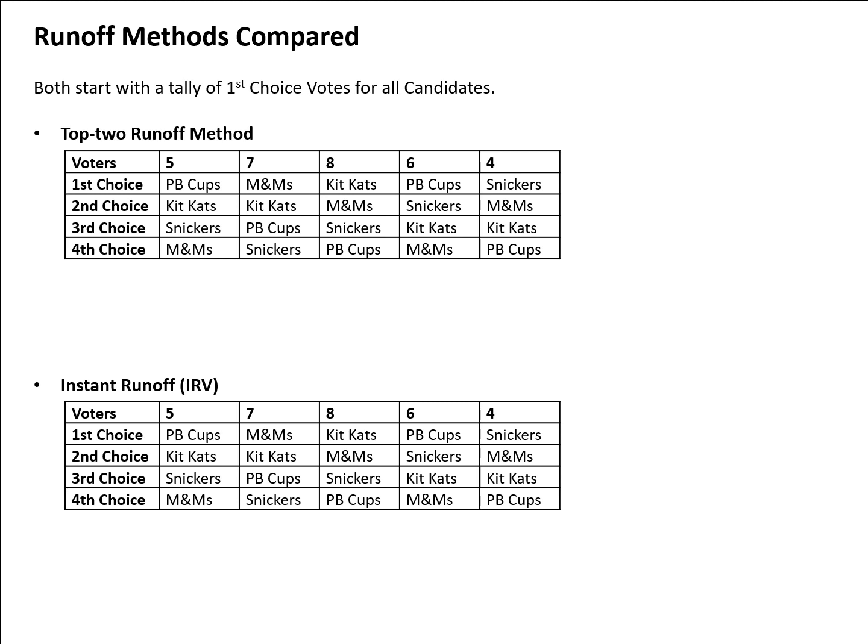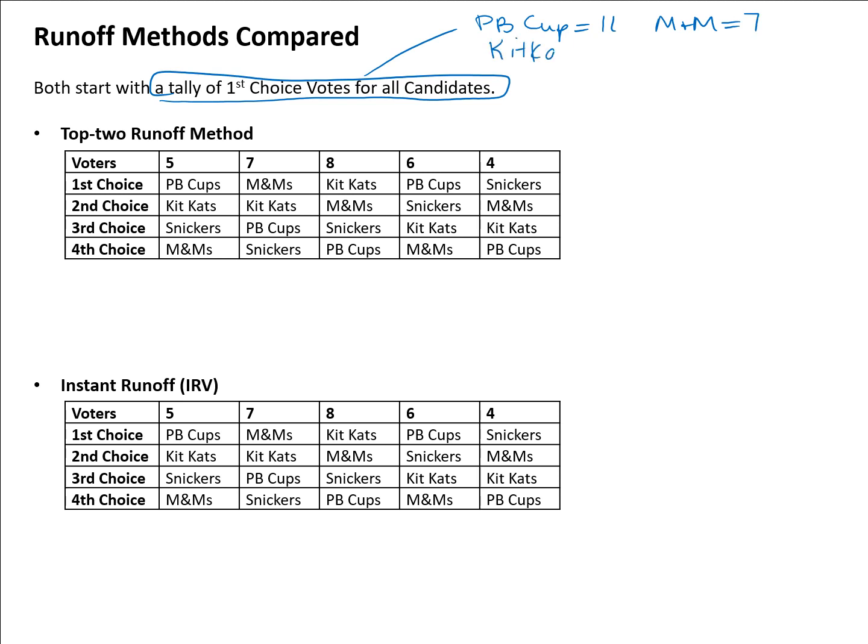And with either one of them, we need to know the tally of first choice votes for all candidates. So a little reminder, peanut butter cups had 11. M&Ms had 7. Kit Kats had 8. And Snickers had 4.